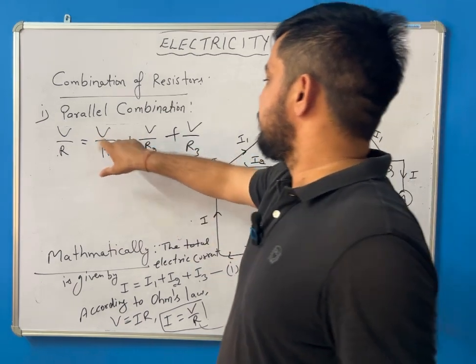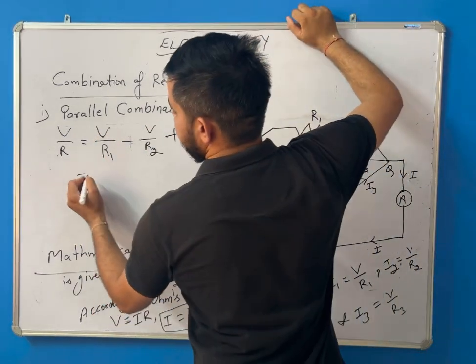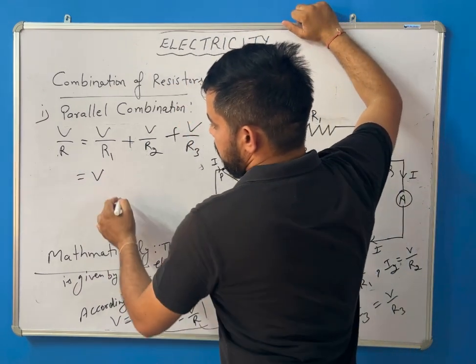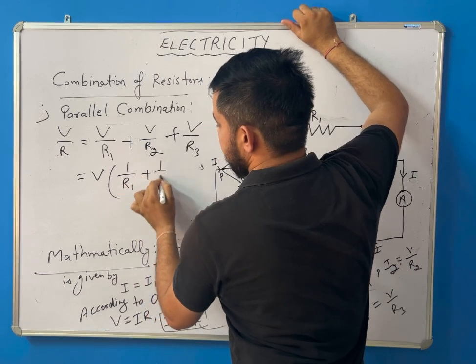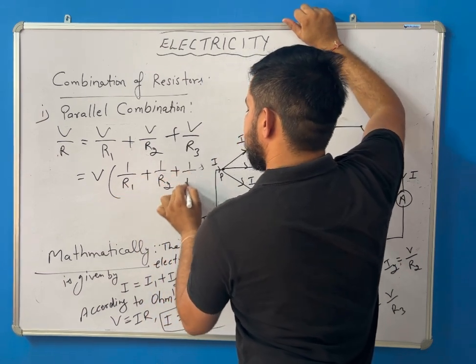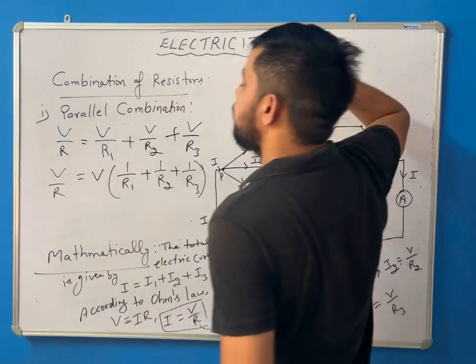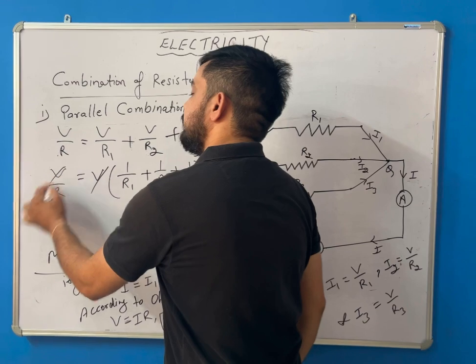You will see in this equation that V is the same everywhere, so we take it common and we get V(1/R1 + 1/R2 + 1/R3), and this is equal to V by R. V on both sides cancels with each other.